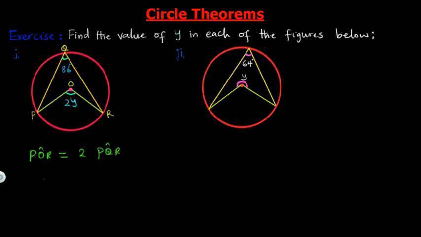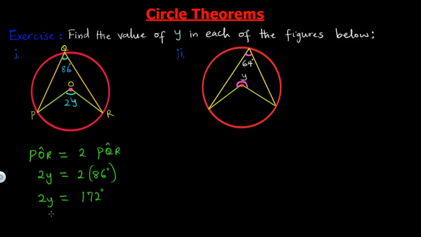Now that we know that, POR is 2y equals 2 multiplied by 86 degrees. So in doing that, we will say 2y equals, we are going to multiply this 86 by 2. Whatever it gives us, that will be 172 degrees.